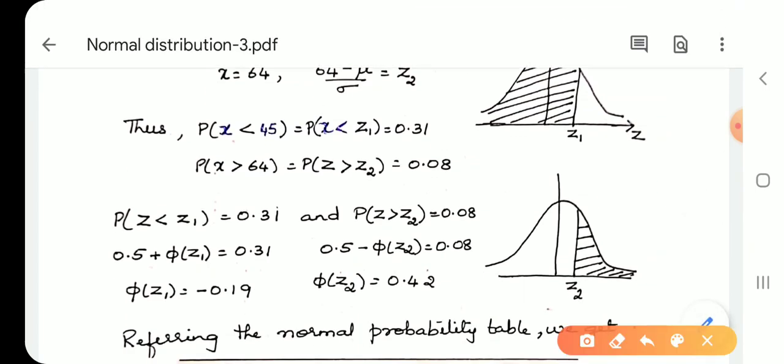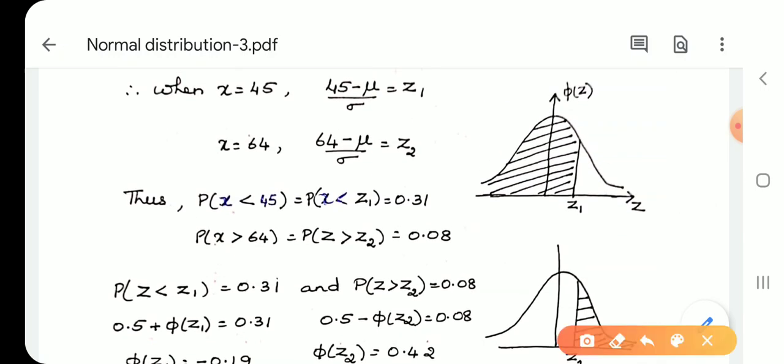So now let us take the first result. P of x less than 45 is equal to P of z less than z1 is equal to 0.31. If I represent this using a bell curve, see z1 is a positive value. So z1 I have drawn here. So P of z less than z1 means it will contain all the values up to z1 like this.